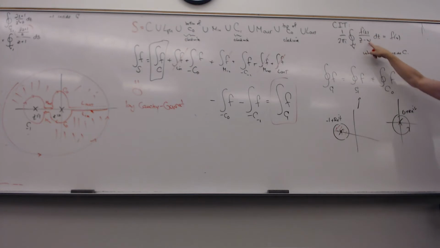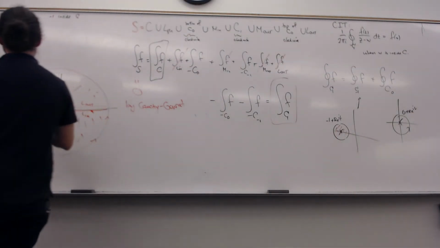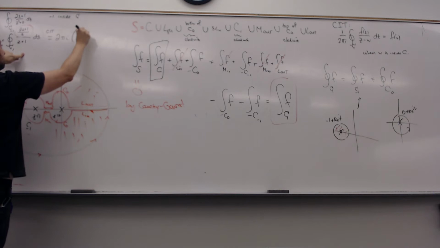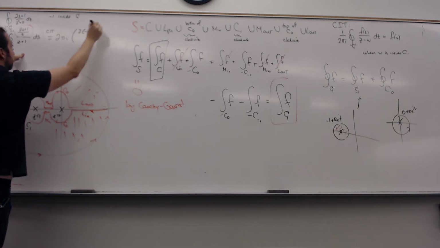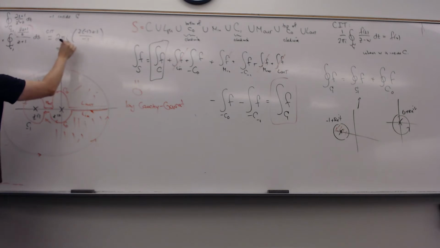The denominator contains the singularity. And so the Cauchy integral theorem says that this is equal to 2 pi i times this function evaluated at that center. Minus 1 is in the interior of the circle. The Cauchy integral theorem says that this is 2 pi i times (2 times minus 1 plus 1) over minus 1, which is 2 pi i.